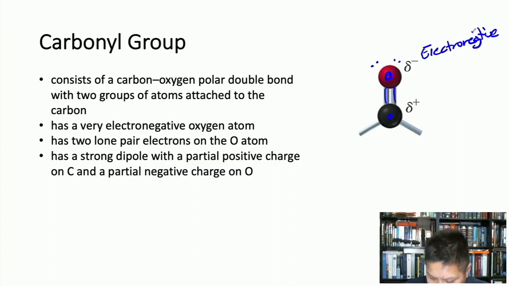That's why the oxygen is partially negative and the carbon is partially positive, because the electronegative oxygen is drawing electron density away from the carbon. That means this carbon is just dying for some electrons, and so we can call this carbon an electrophile.